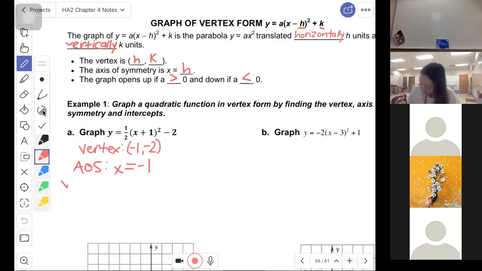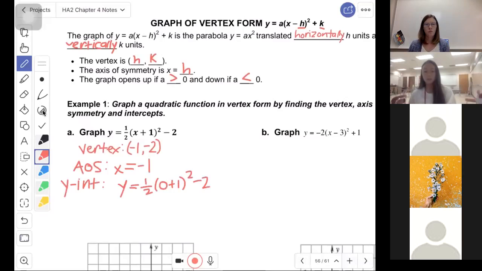All right, moving right along, we have our y-intercept. We know we're setting x equal to 0. So I'm just going to go through, plugging in 0 for x. Then you're just solving. In that parentheses, we'll just get 1, and 1 squared is 1.